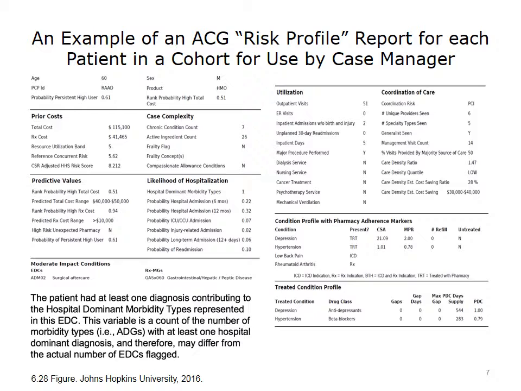The exemplar is a real patient, a 60-year-old male enrolled in the JHHC HMO. The probability that this person will be a high user next year is arrayed there. In this case, the likelihood is that this person has a greater than 50% probability of being in the highest group.